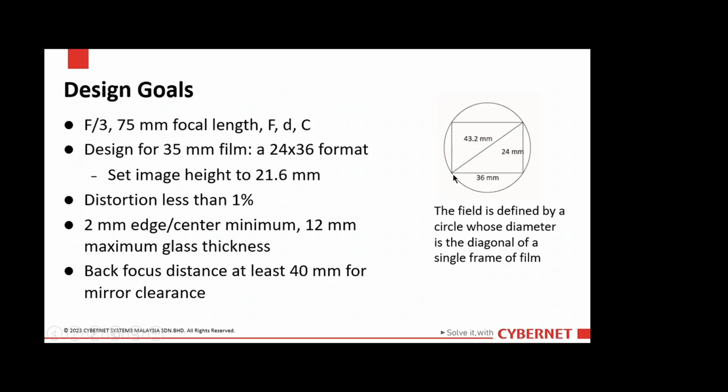The diagonal is about 43.2, so the radius of this circle is about 21.6. We want to keep the distortion less than 1%. We also add in two holes for the lens, so we can assemble it to the mechanical casing. Lastly is the back focus distance. We need at least about 40 mm for the mirror clearance.